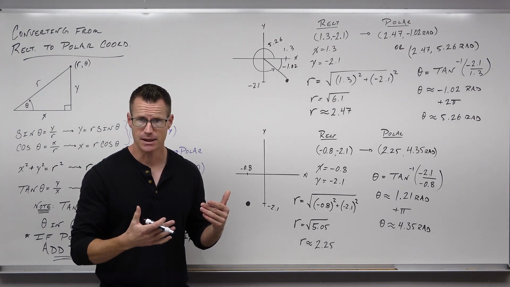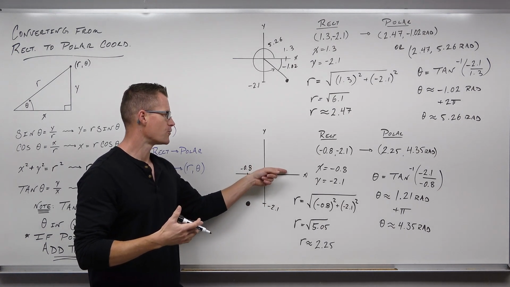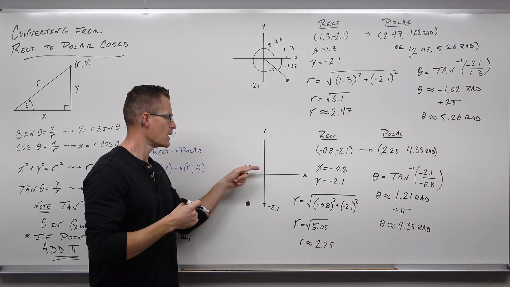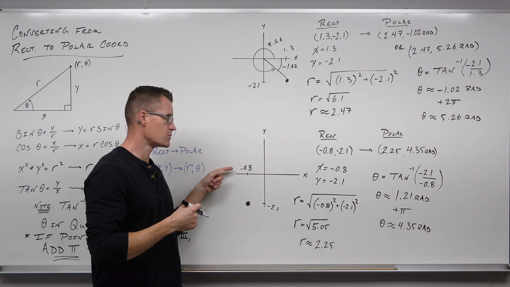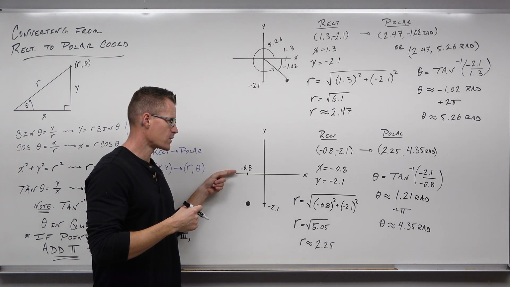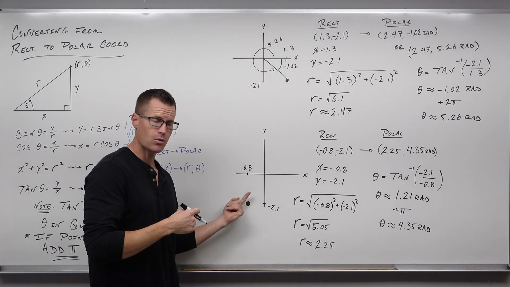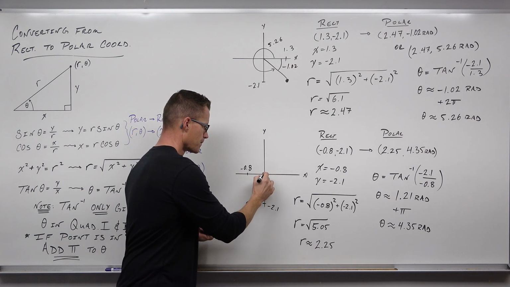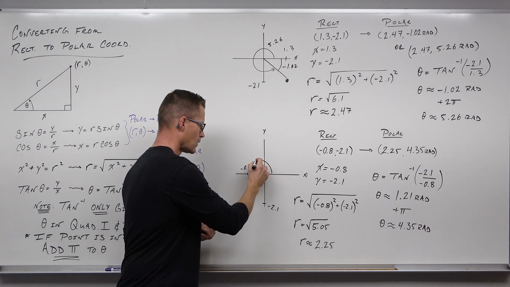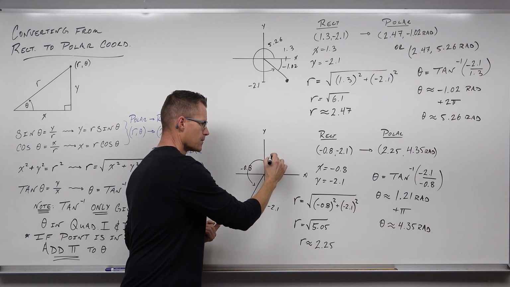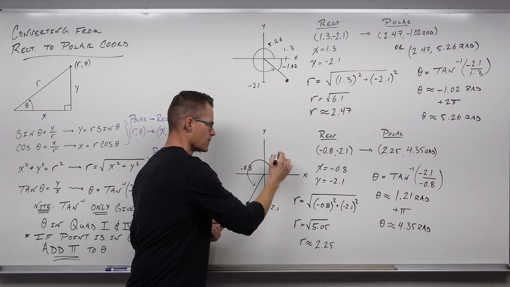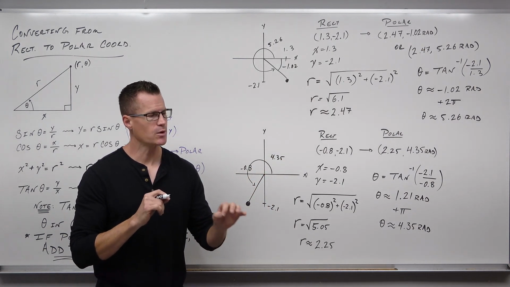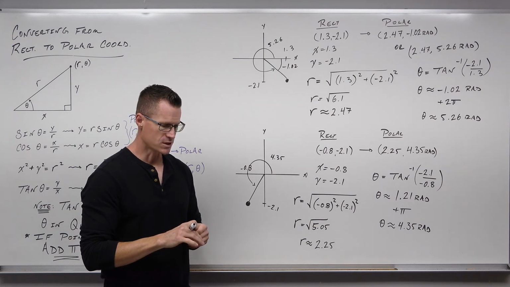Let's see if that makes sense. 3.14 radians puts us about at pi. Pi is a little bit more than that, but 3.14 radians would be here. 4.35 would be past that. Hey, we're in the right quadrant. It's not yet to 3 pi over 2. That's not enough. So we are all the way to here, and out 2.25. That's exactly the same location as that point, with a different representation.